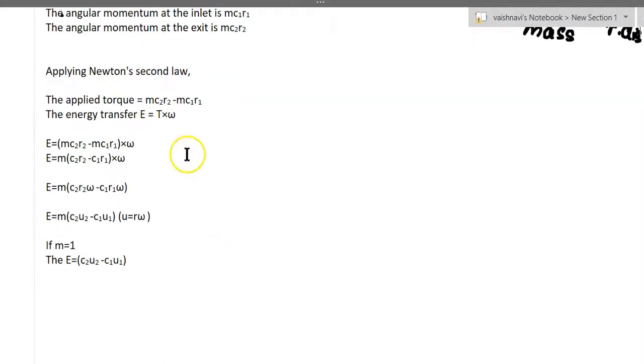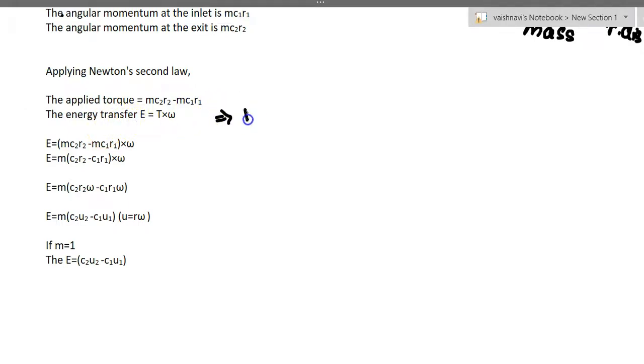Now we'll apply Newton's second law. Newton's second law states that the rate of change of angular momentum is directly proportional to the applied torque. So the rate of change of momentum is m c2 r2 minus m c1 r1. This is the application of Newton's second law. And the next one, the energy transfer.